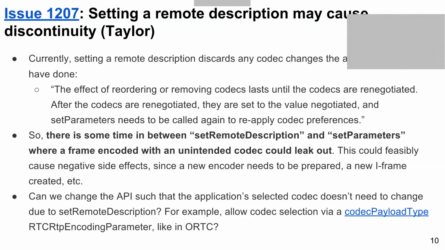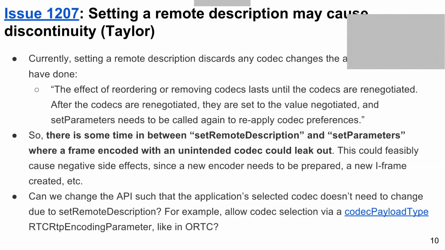Oh, right, yeah. And then later you do another offer answer exchange, and the answer has codec A on top. Then it switches back to A. You have to quickly call set parameters again to change it back to B. Yeah, sorry, thanks. I was confused. Thanks, that swaps it back into my memory.